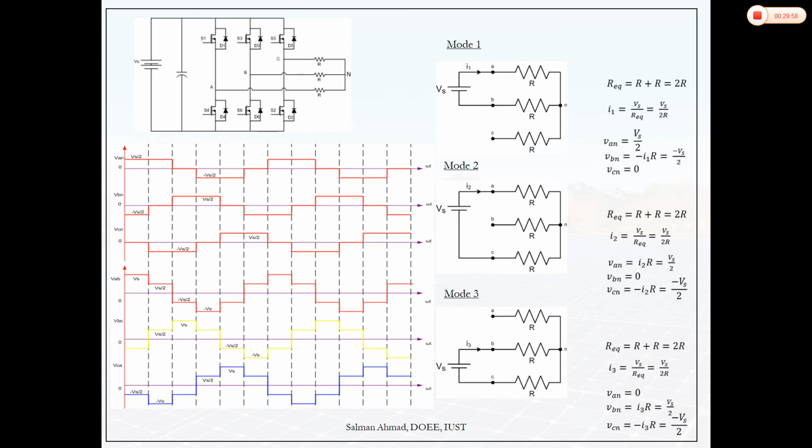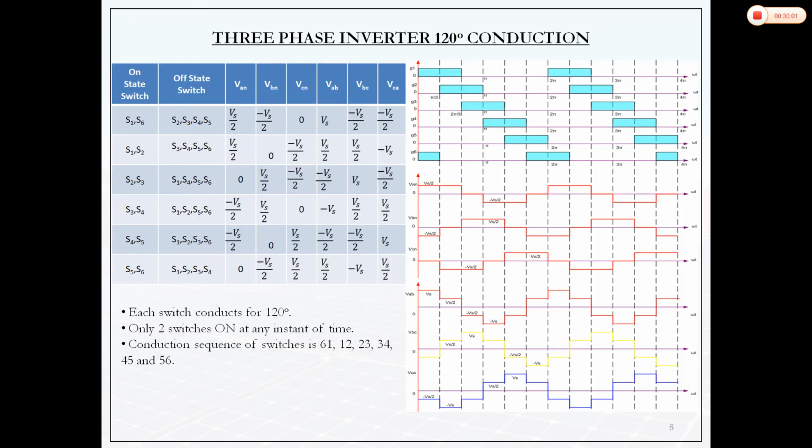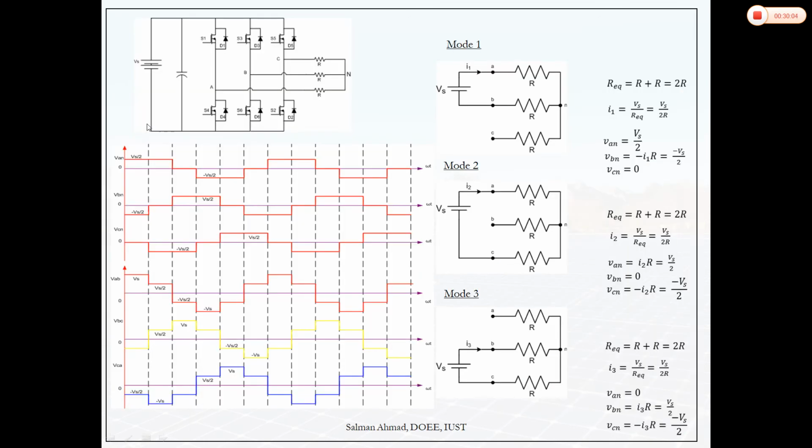Again, we have to draw the equivalent circuit. In mode 1, switch 1 and switch 6 are turned on. So this switch is turned on, that means point A is connected to the plus side of the input. And switch 6 means this switch, so point B is connected with the negative side.